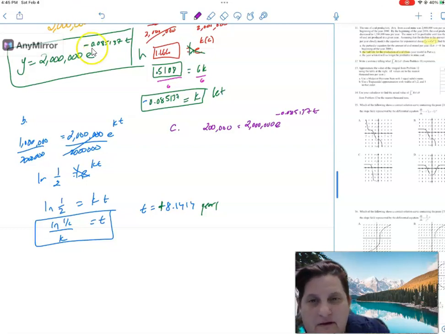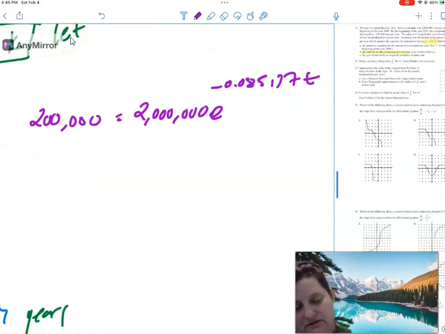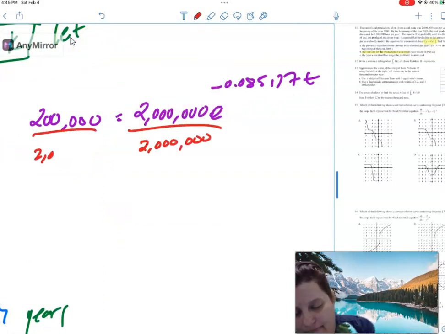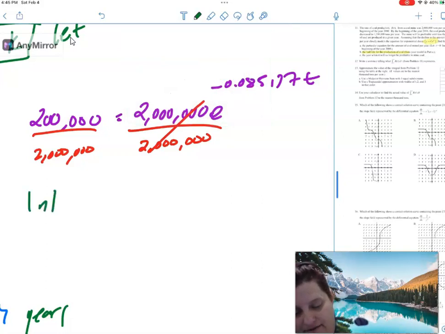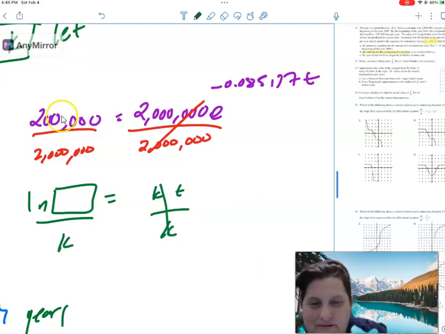All right? And I'm just going to solve that again, you guys. So let's go over the steps, okay? Divide both sides by 2 million. And that's e to the something. And then I'm going to ln whatever I get, and that equals k times t, and then I'm going to divide by k.